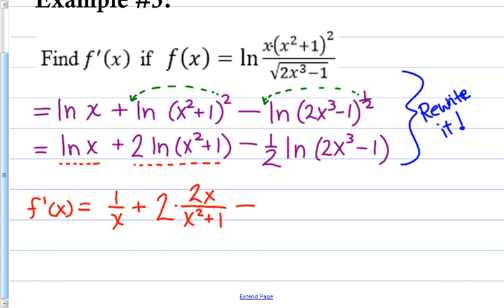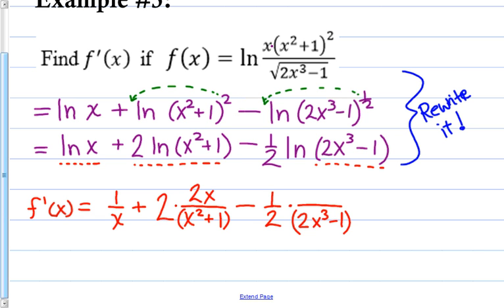Minus. So 1/2 is just a multiple, something being multiplied. So it's going to stay right there. And then the derivative of the natural log of 2x cubed minus 1, that's u prime over u. This is going to be the u. So 2x cubed minus 1, and in parentheses, it makes you feel better.